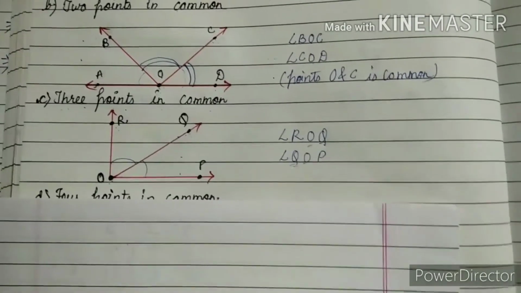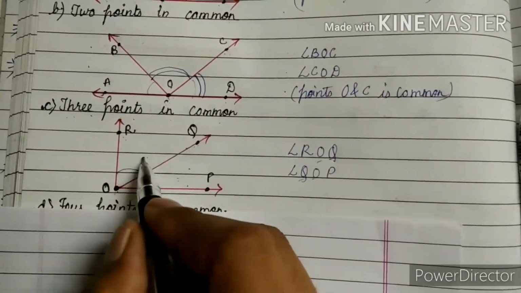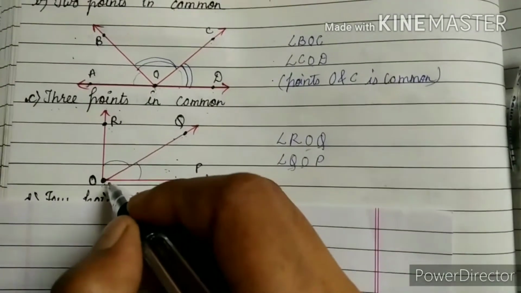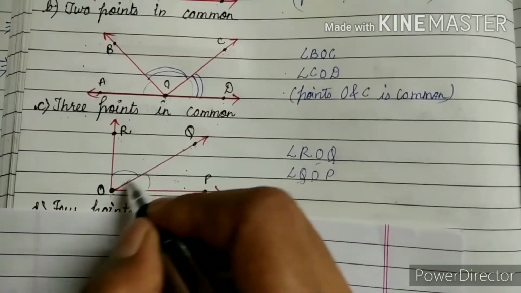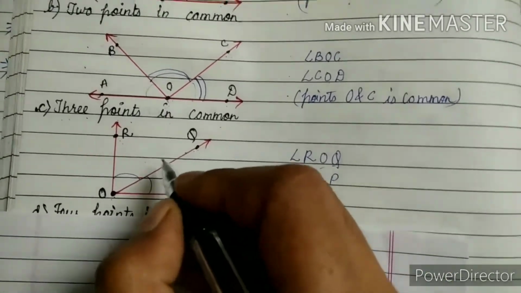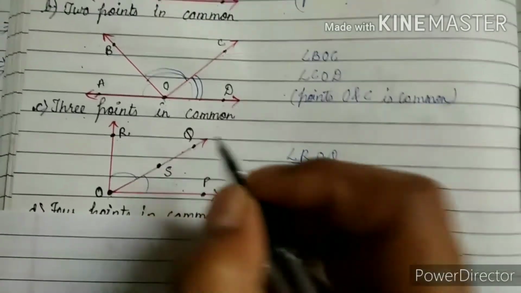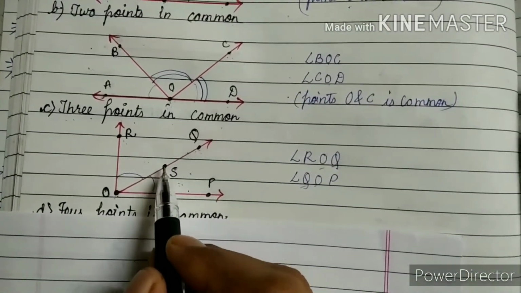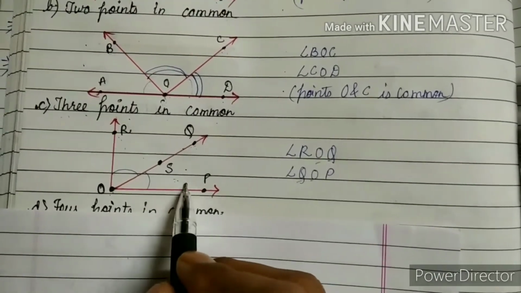So these two angles are neighbors to each other. If we put any point on their common ray, whose name is S, as you can see, S is on the boundary of this angle and S is also on the boundary of this angle.